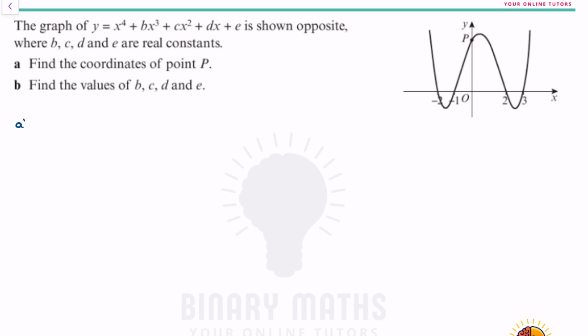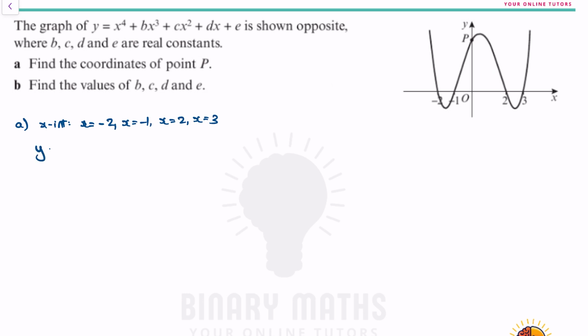Okay. So because we know x-intercepts are x equals -2, and they're all single. There's 4 x-intercepts, so we know it only goes through it. It's a single root. X equals -2, x equals -1, x equals 2, and x equals 3.